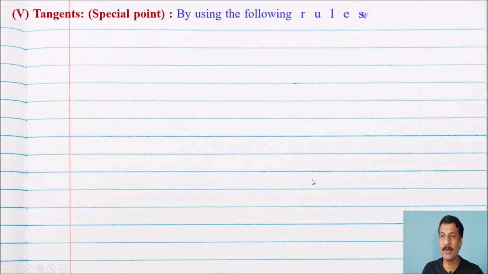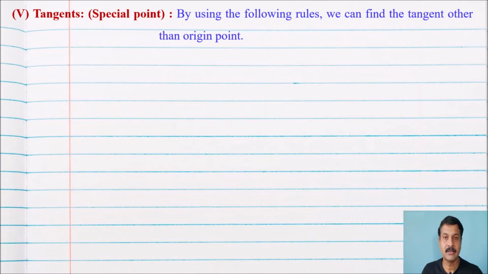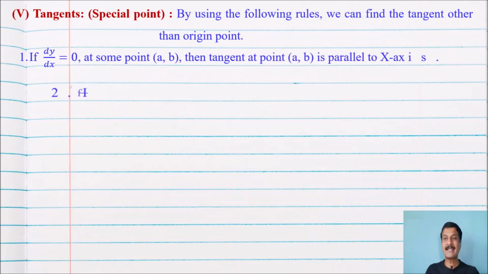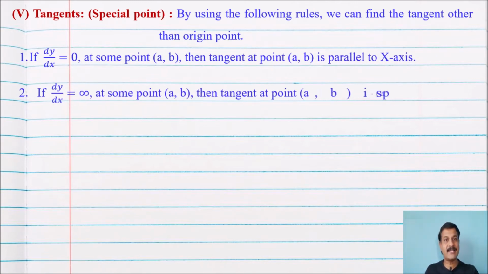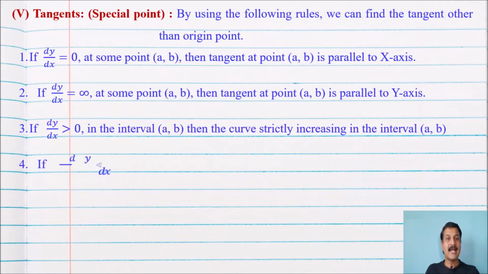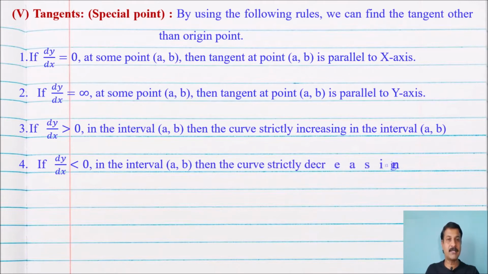And now the fifth point is the tangents. A special point, you can say tangents, but other than the origin. Why? Because we already found the tangent at the origin, if it exists. So note here, if dy by dx equal to 0 at some point (a, b), where you differentiate the given equation of the curve with respect to x and find dy by dx at that particular point, then the tangent to the curve at that point is parallel to the x-axis.